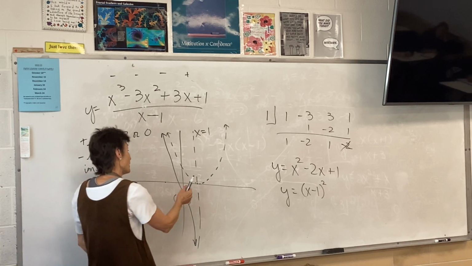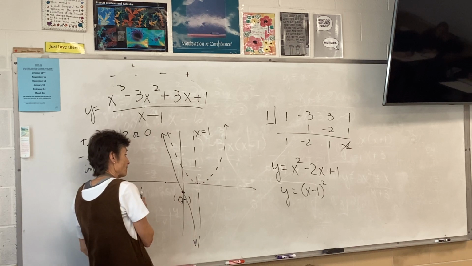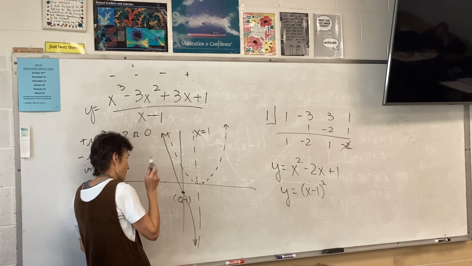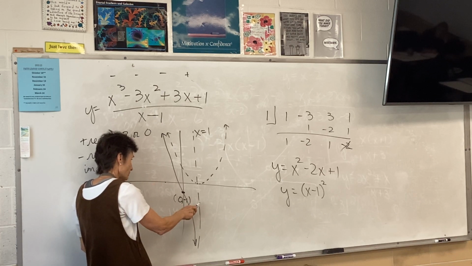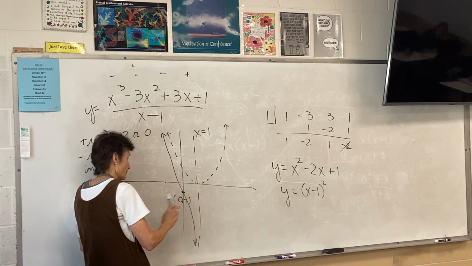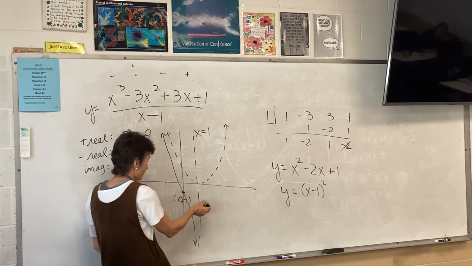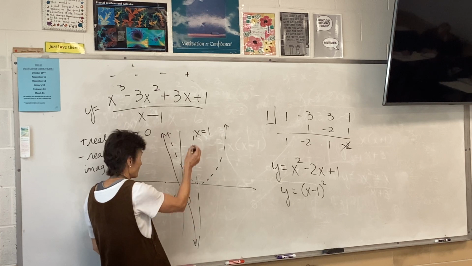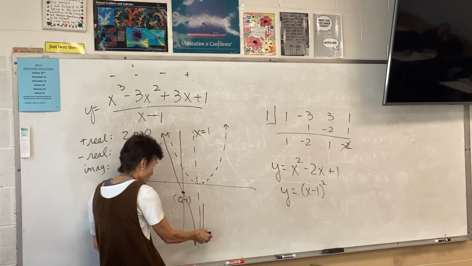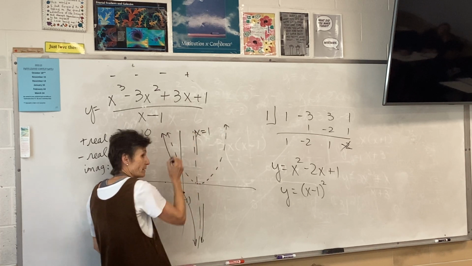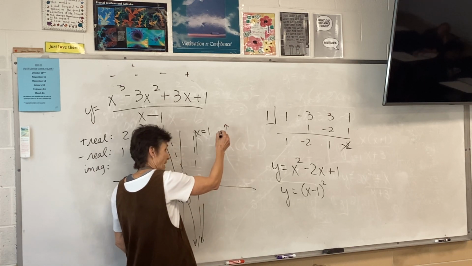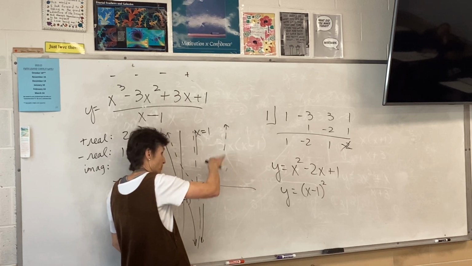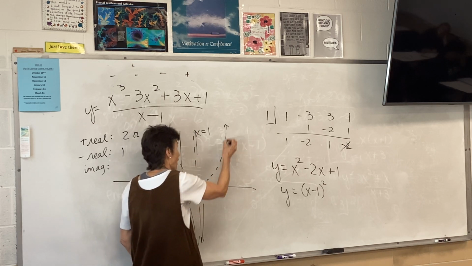Now that's the left side of the asymptote. Now, I want you to use your noggins here. On the right side of the asymptote, I have no points, for sure. But I know I have to follow the vertical asymptote off the page. So it's either coming down this way or it's coming up this way. I know it must follow the horizontal asymptote, or in this case, the parabola asymptote, off the page.